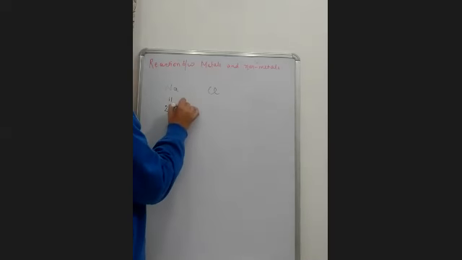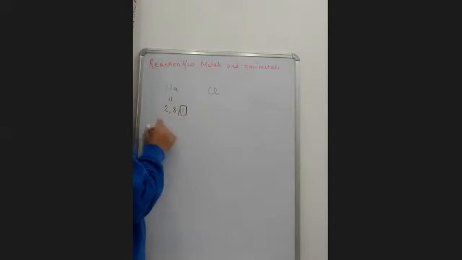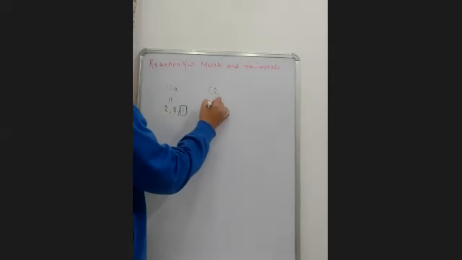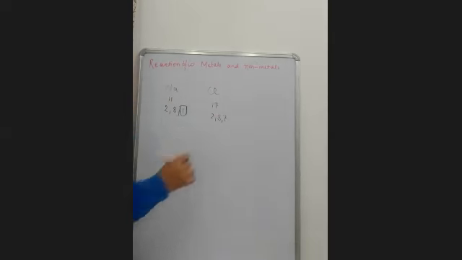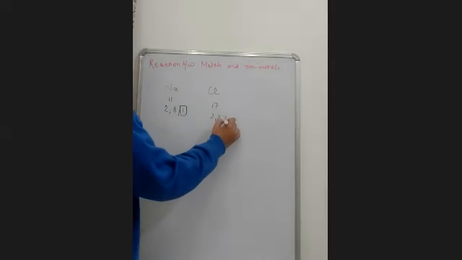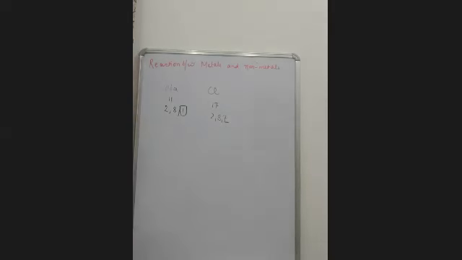In case of chlorine, atomic number 17, configuration 2,8,7, either chlorine has to gain 1 electron or lose 7 electrons. The easy task will be to gain 1 electron.